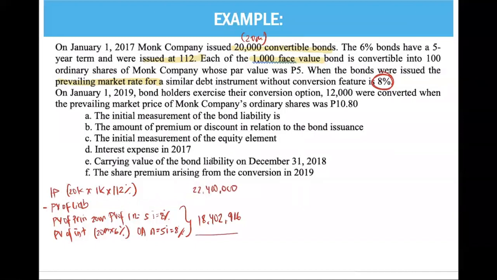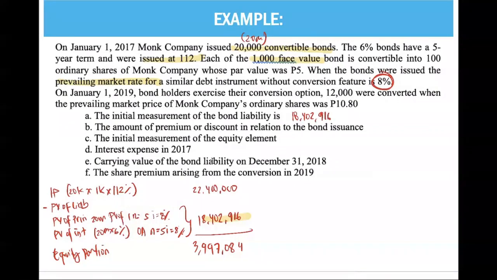Now after getting the issuance price and your present value of liability, we have your equity portion. So what is your equity portion? 22.4 million less your 18,402,916, so we have 3,997,084. Out of 22.4, how much is for liability? 18,402,916.